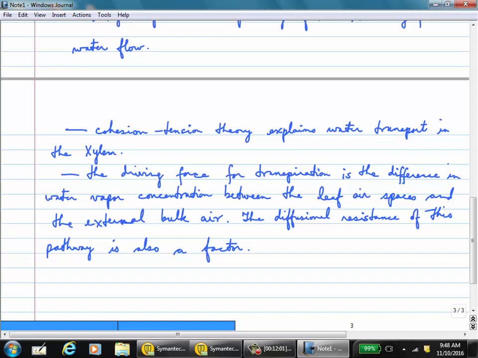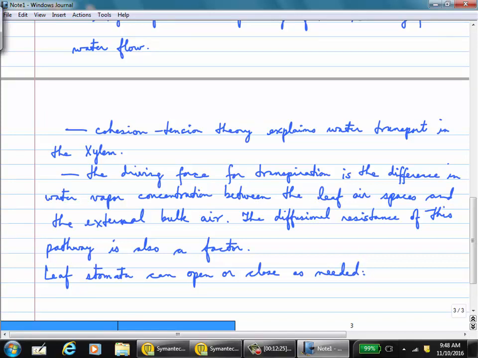So leaf stomata can open or close as needed. If conditions are such that too much water is going to be lost, the leaf stomata should close.